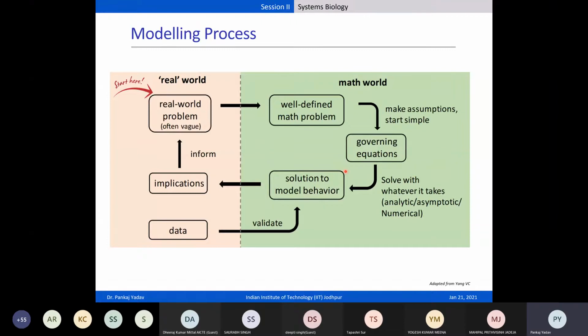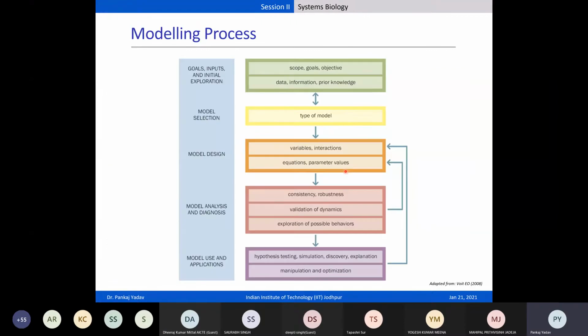This is how you can say a very abstract view of a modeling process. To be more specific, usually we have different stages of the modeling process. We can define it like this.